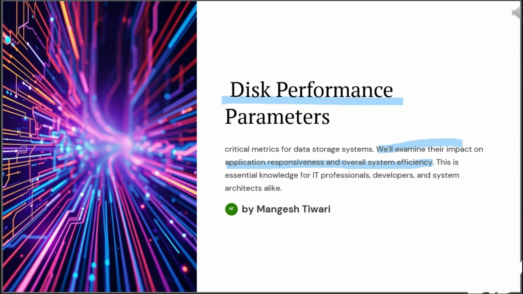In simple terms, if our disk is fast, then the application would respond correspondingly faster and the overall system efficiency would be better. Now, what parameters do exactly lie in this list? Parameters such as access time, data transfer rate, and input output operations per second lie in this disk performance parameter list.